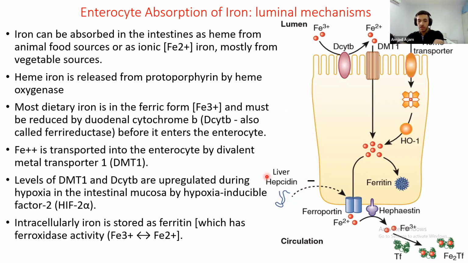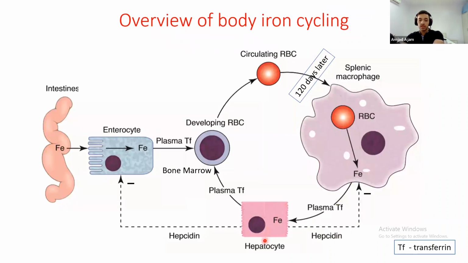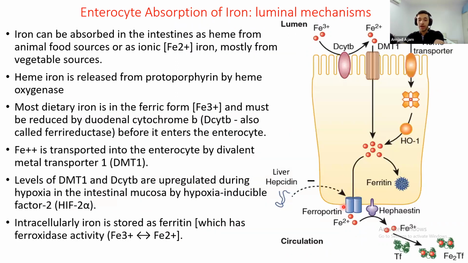Also, look here, the liver hepcidin. So how does hepcidin decrease the absorption of iron from the enterocyte and decrease the release of iron from macrophages? By degrading the ferroportin. So when the hepcidin degrades this one, the iron cannot be released, right?